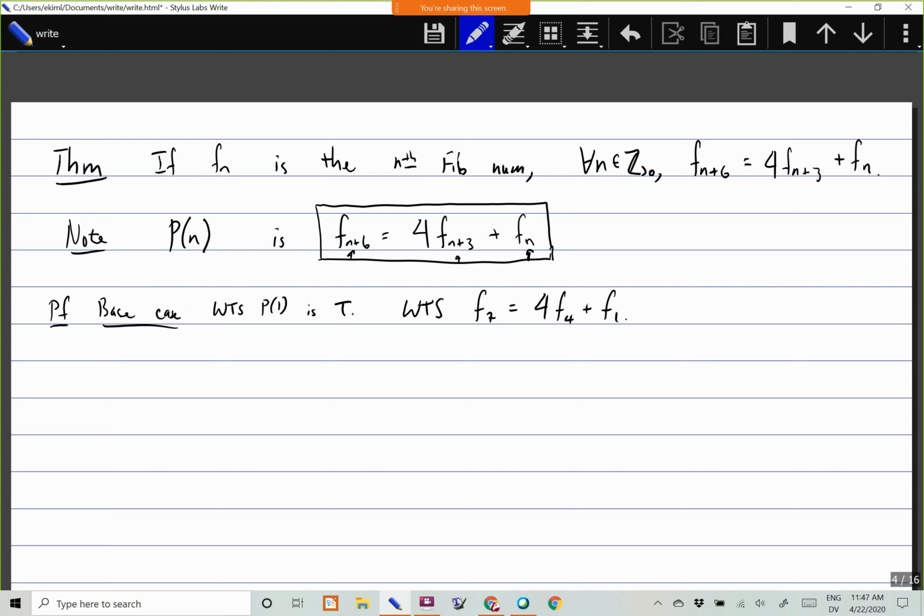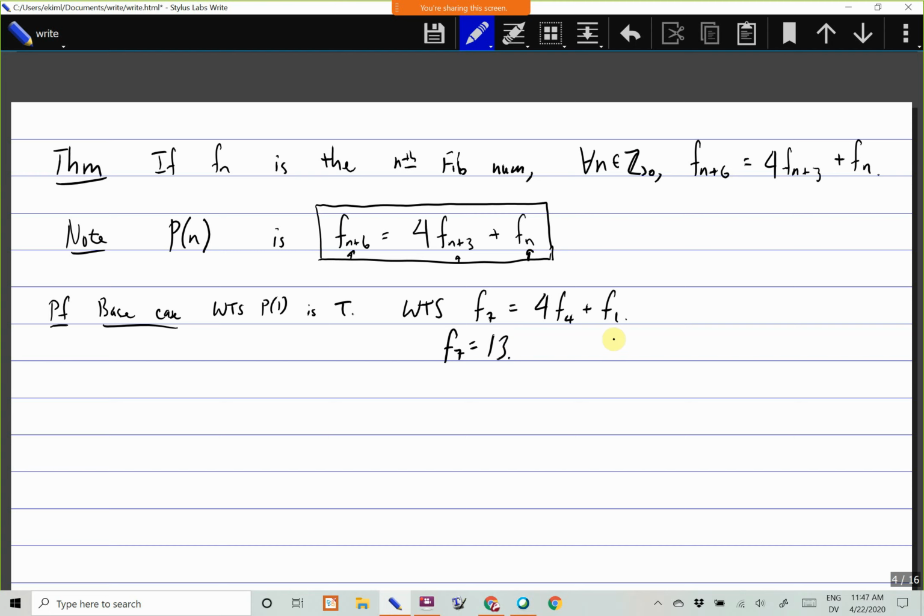I already simplified the 1 plus 6 to a 7, and the 1 plus 3 to a 4. All the subscripts I've simplified. Then you just need to go through the first 7 terms of the Fibonacci sequence, and I'll spare you the details right now. But f sub 7 is equal to 13.